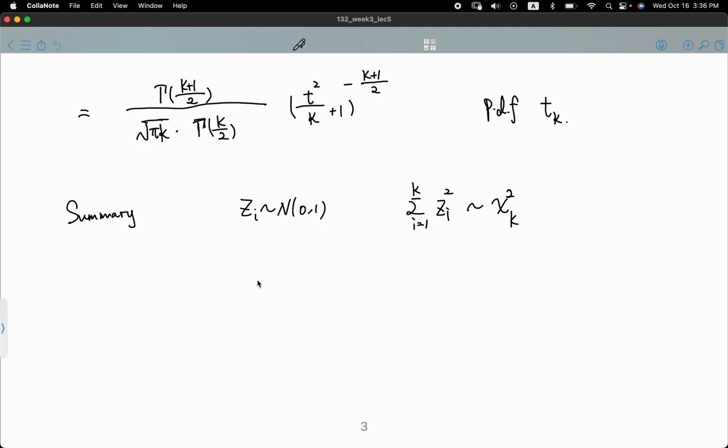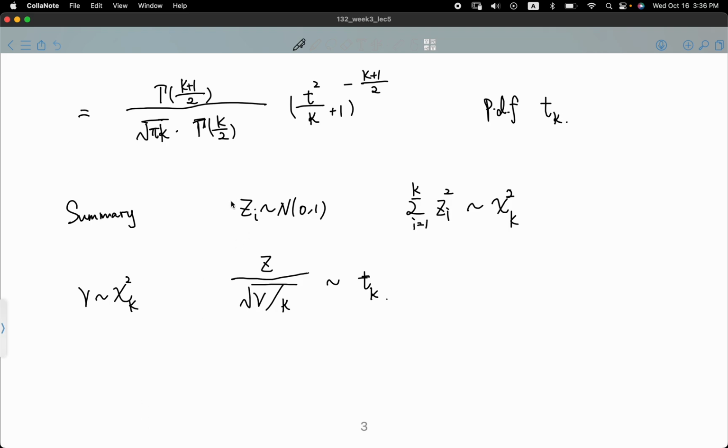And then when you have z that also follows normal, and v divided by k, where v follows a chi-square distribution with degrees of freedom k, this will give you a t distribution with degrees of freedom k.